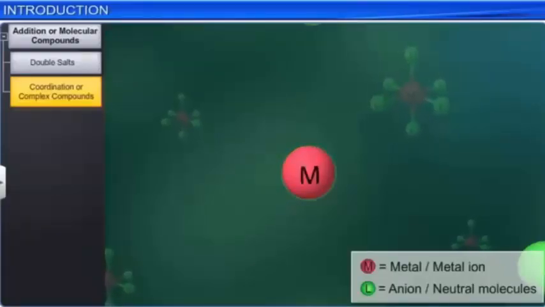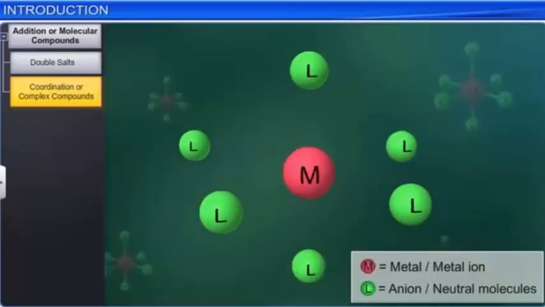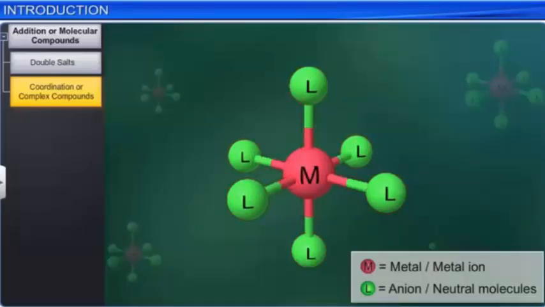The metal acts as the central metal ion in the complex ion, and forms dative or coordinate covalent bonds with the species surrounding it. Complex ions are also known as coordinate ions, and hence the corresponding compounds as coordinate compounds.